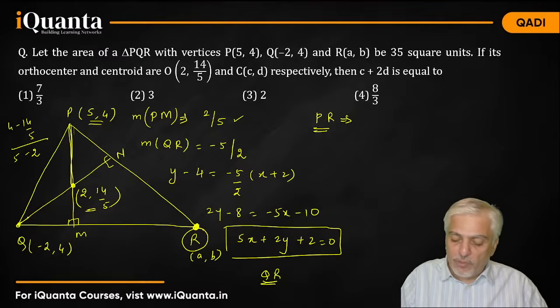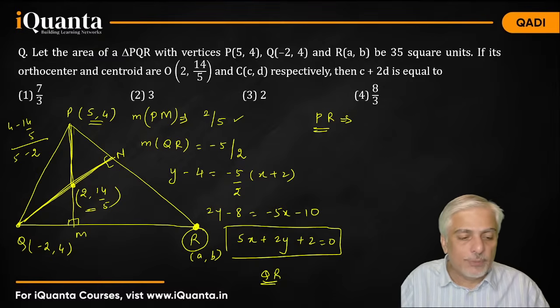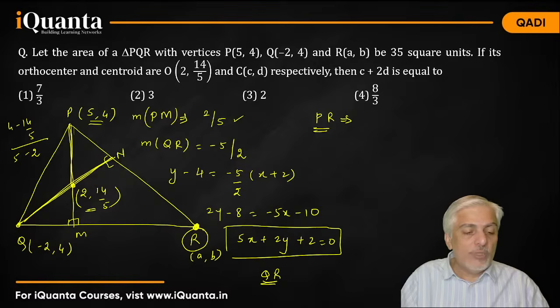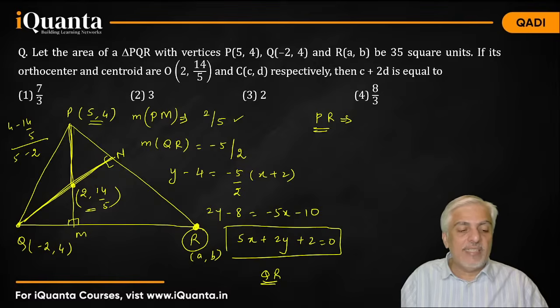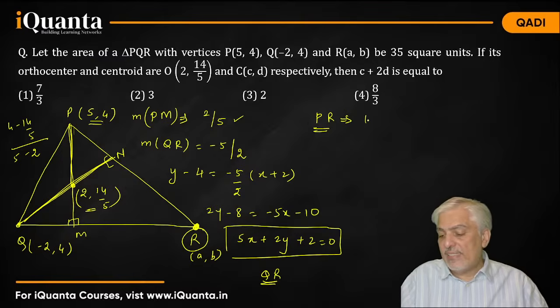I'll need first the slope of QN. Obviously, as we were discussing, I am finishing this method first and then we'll try the other approach also. If you solve this, you get 10x minus 3y minus 38 is 0, which is the equation of PR.